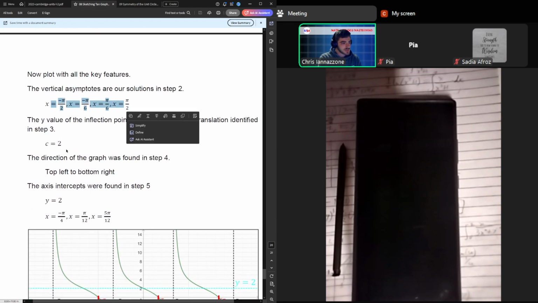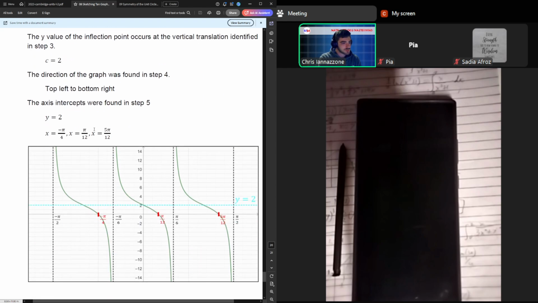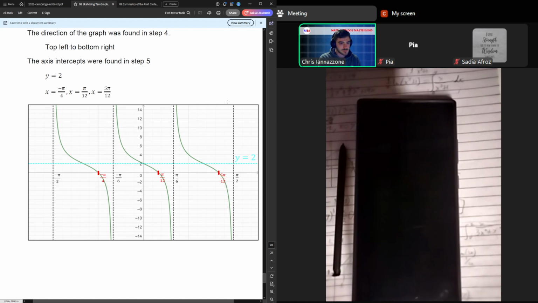So we had our asymptotes, we had our inflection point, we had our intercepts, and then yeah, you just plot that all out. I like to draw out the asymptotes as soon as I get them. That gives me a little grid to work with. Then from there, I'll draw the actual shape first, and then wherever that shape cuts, I then put my interval tick on that.